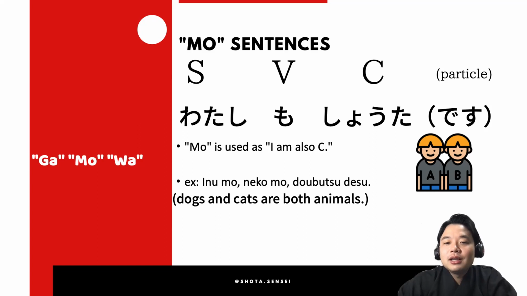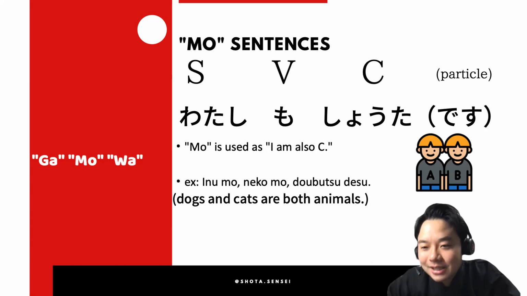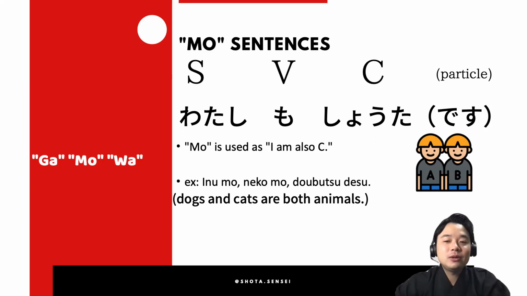But the easy examples are like this. 犬も猫も動物です。Okay? So, 犬 means dogs, and 猫 means cats, and then 動物 means animals.